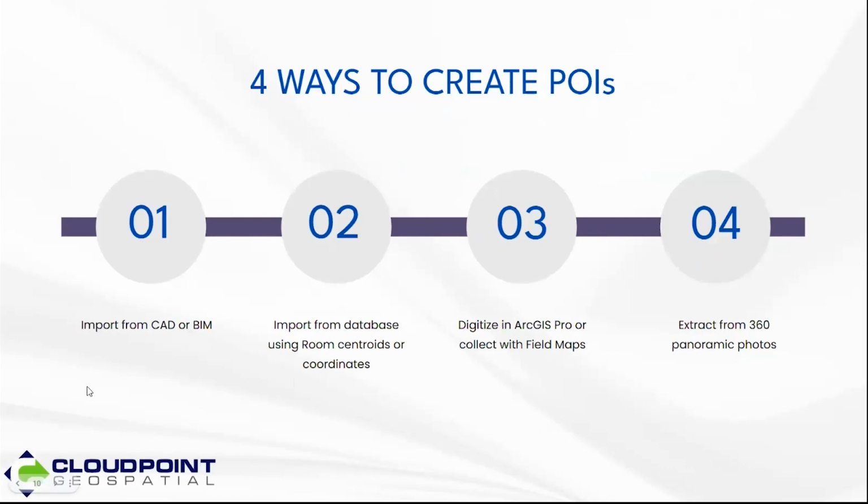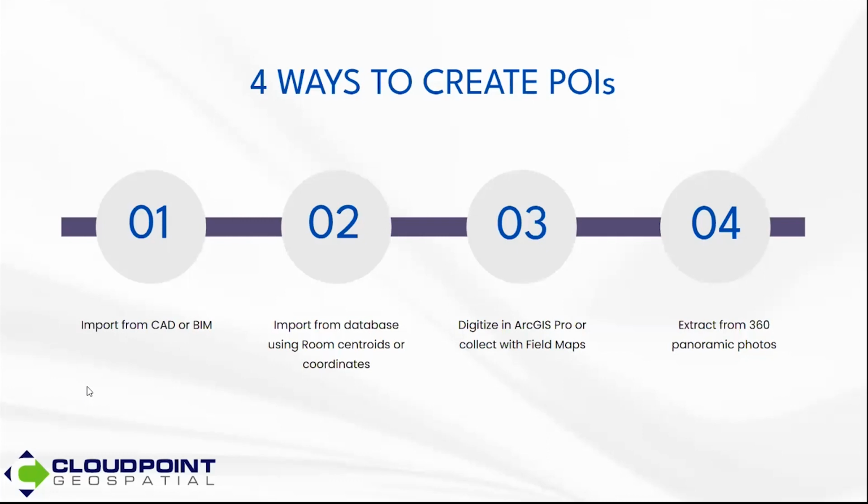There are four ways to create points of interest. One, they can be imported from CAD or BIM layers. They can also be imported from your databases, if you have information that connects those to the floor plans. For example, with a room ID, you can link your databases to the room centroids just using the room ID, and you can generate them that way.